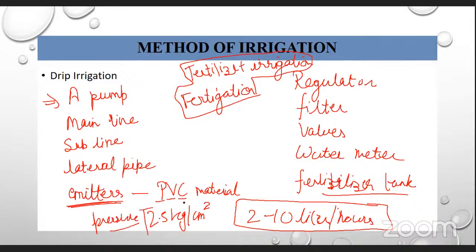Water is usually released at this pressure. These two are very important questions related to drip irrigation.